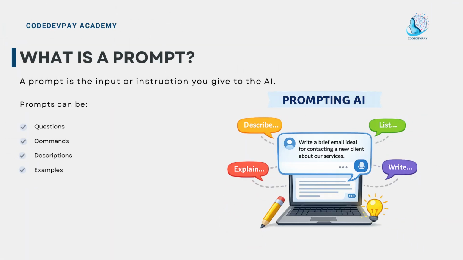So let's look at the prompt. The prompt is the input or instruction you give to the AI. Prompts can be questions, commands, descriptions, examples, and so on. And one thing we should know is that the clearer the prompt, the better the output.